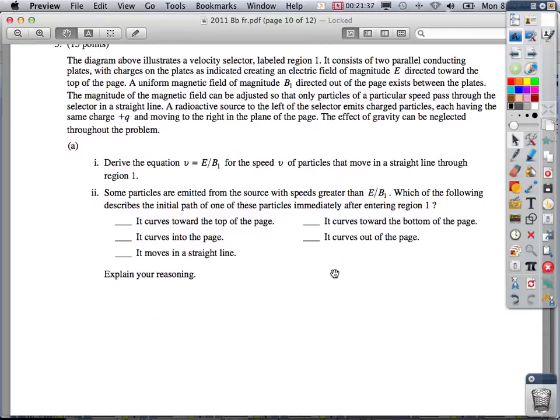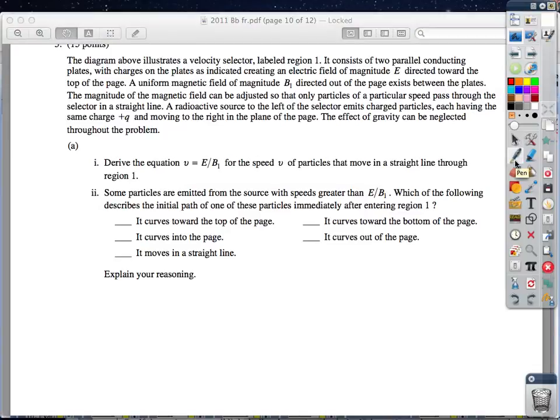Then some particles are emitted from the surface with greater than this ratio. Which of the following describes the initial path of one of these particles immediately after entering the region? So if you look at the two forces, F_B is qvB and F_E is Eq. So if they have a speed greater than E over B, what changes with a higher velocity?